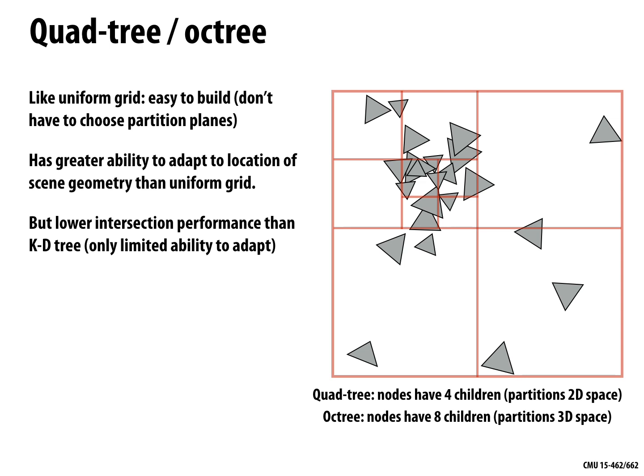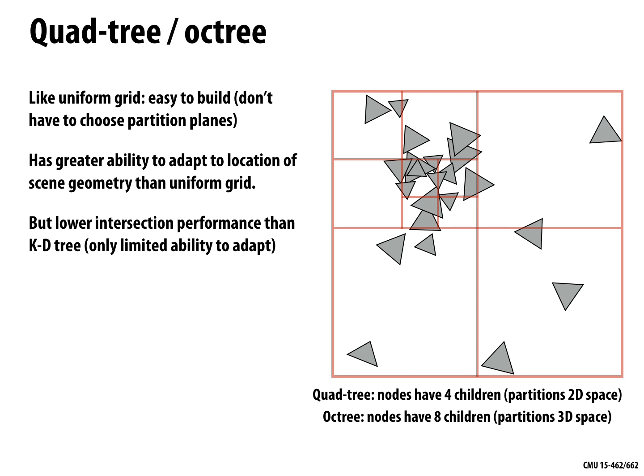Splitting these nodes smaller and smaller and smaller until they contain basically a constant number of primitives. Or in 3D, we'd split along all 3 axes, so every node splits into 8. Why do people like octrees? Well, for one thing, like a uniform grid, they're really easy to build. We don't have to choose partition planes. We don't have to go through all this choice of heuristics. Where should we put the split plane and so forth?